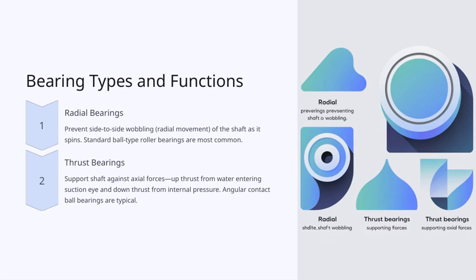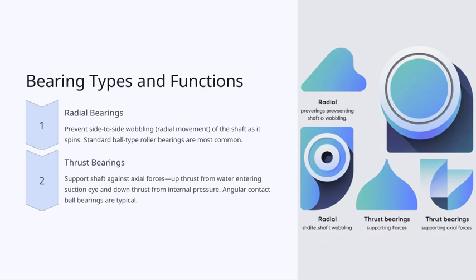Next, we have thrust bearings. These bearings are responsible for supporting the shaft against axial forces, which means forces that act along the axis of the shaft. For example, they counteract the up-thrust caused by water entering the suction eye, as well as the down-thrust resulting from internal pressure. The typical choice for thrust bearings are angular contact ball bearings because they can handle these axial loads effectively.